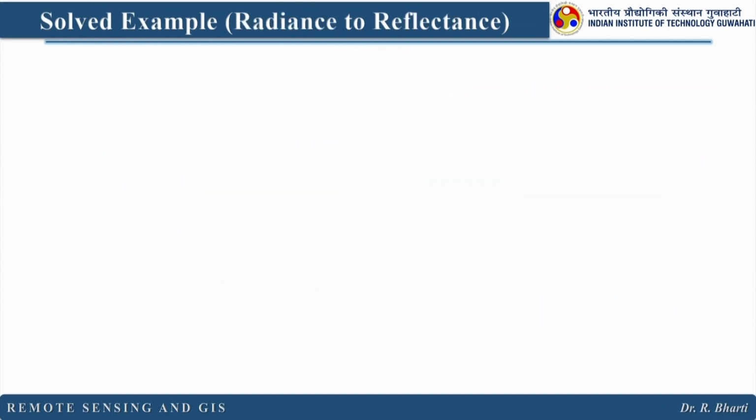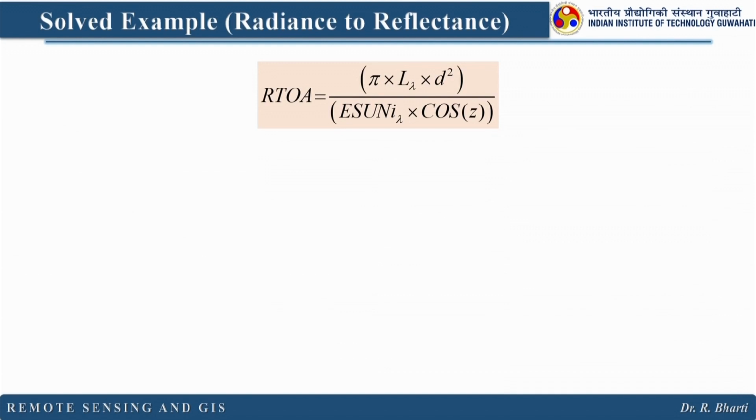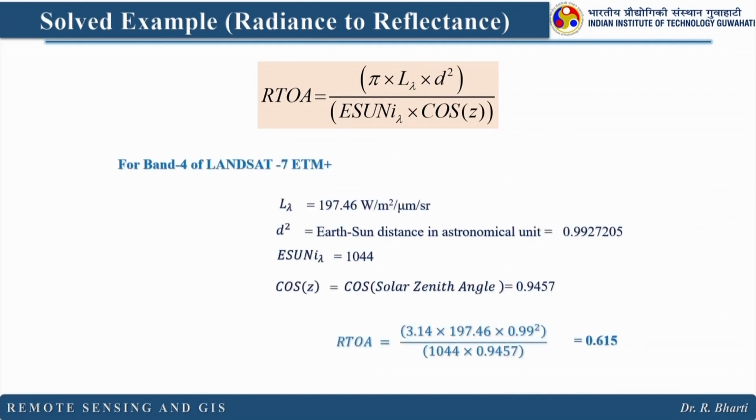when you are converting your DN to radiance. And when the same data is used to calculate reflectance, so here this is RTOA, that means reflectance top of the atmosphere. So when you are using this particular value 197.46 and this equation, this is the reflectance value, and we all know that reflectance ranges between 0 to 1.